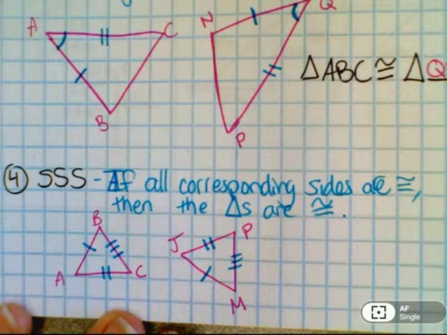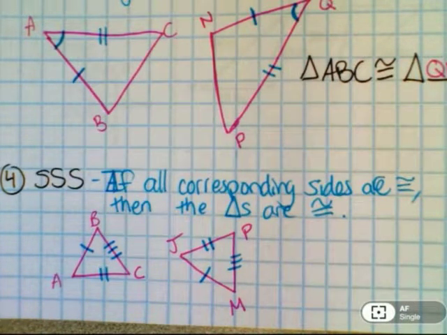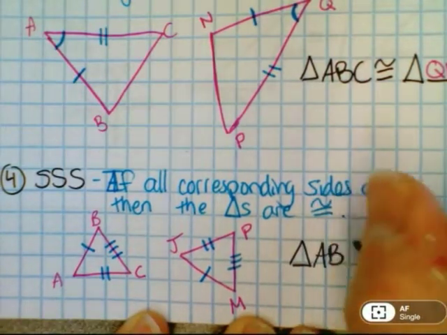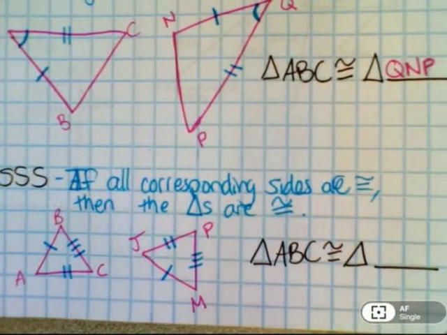The only way to make 2 triangles where all the sides are congruent like this is if their angles are also congruent. It's going to fix the angles in place. So these 2 triangles are congruent. We don't even need to know anything about the angles. So let's write our congruent statement. You go ahead and fill it out and then check in with me to see if you were right.